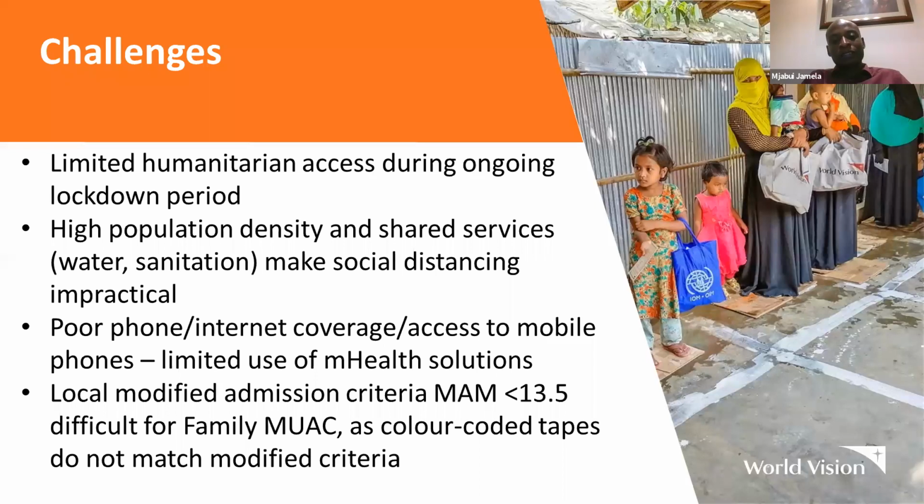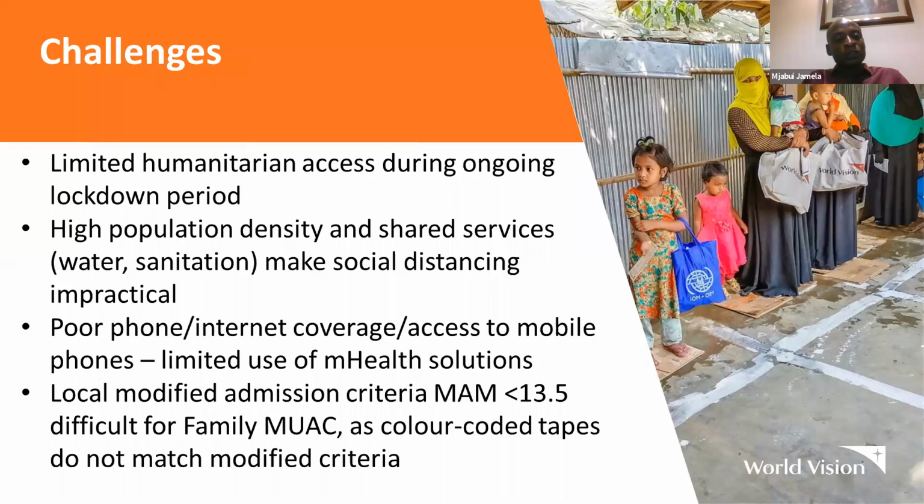For example, ladies have to go and fetch water from the water point. It's shared. The sanitary facilities are also shared, and the Rohingya rely a lot on food distributions, so they still have to go to those places which are relatively crowded, making social distancing impractical in most cases.